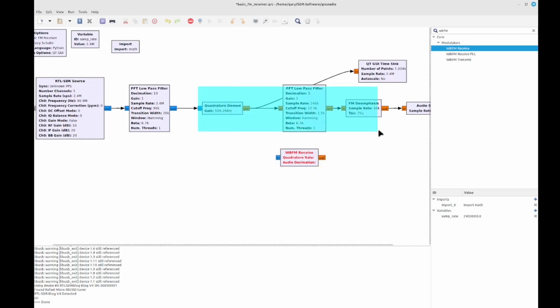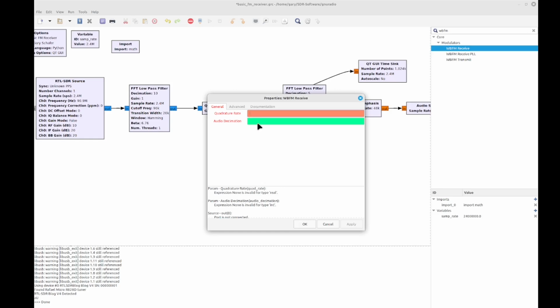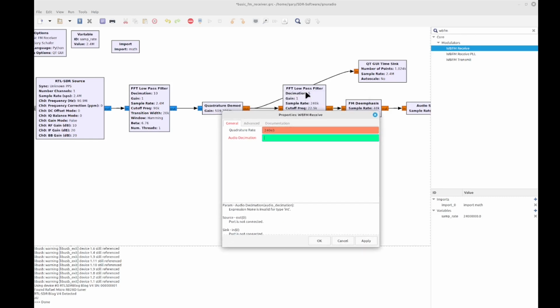These three blocks right here will be exactly the same once I have this wideband FM receive block set up. The quadrature, let me open it up. The quadrature rate, that's the sample rate coming in. That's 240 kilohertz. I'm just going to go ahead and say 240 kilohertz. And this decimation value is exactly the same as this decimation value here, a value of 5.